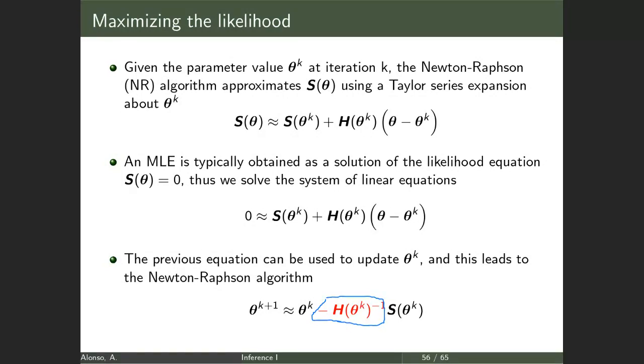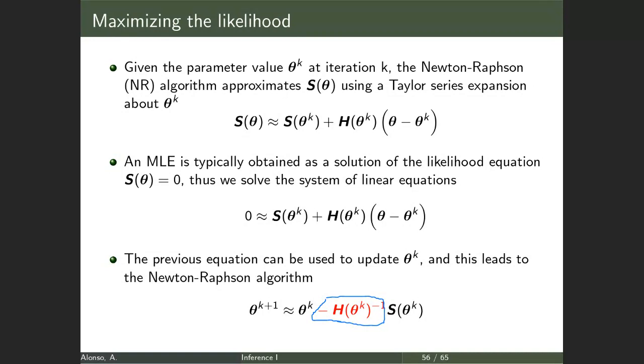The expected value of minus the Hessian is the Fisher information matrix, so minus the Hessian is the observed Fisher information, which we can use to estimate the variance-covariance matrix of the maximum likelihood estimator. So the procedure gives us two things: the estimator and its variance-covariance matrix. We get two for the price of one.